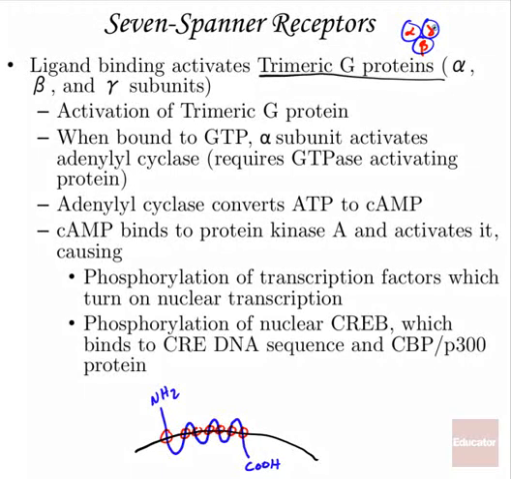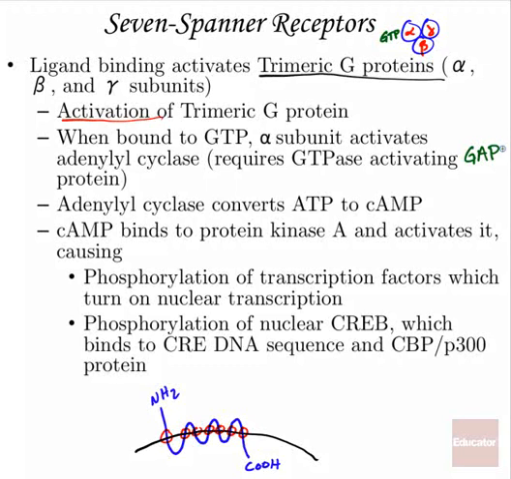So in order, how this happens, we have the ligand binding activating that protein. Now when GTP binds our alpha subunit, that will activate adenylyl cyclase, which is an enzyme. And this requires GTPase activating protein, also known as GAP.